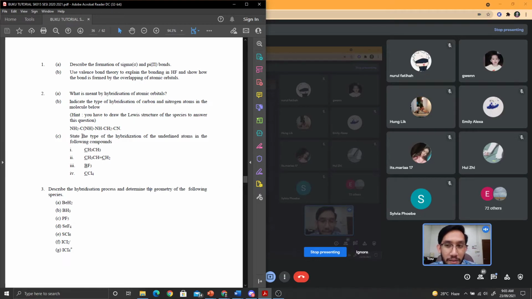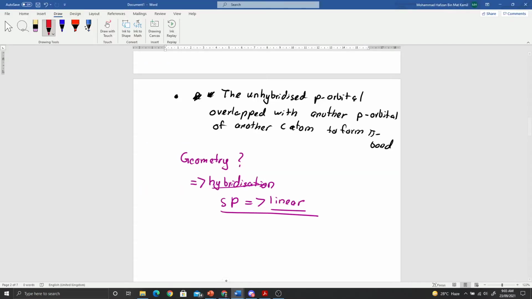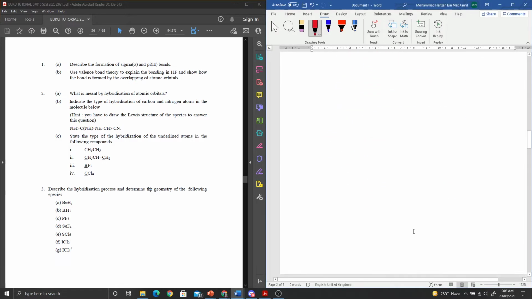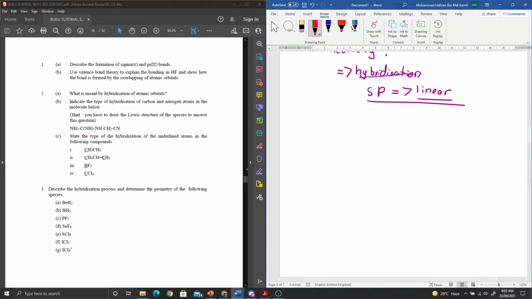This is actually, if you want to draw it back, organic chemistry, which is next semester. But you just draw it back in bonding. If you don't know, you have to make the Lewis structure. So, the formula is N, we have H and H, and then to the carbon.